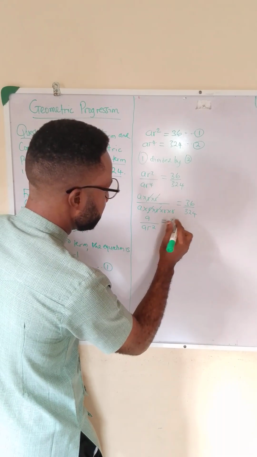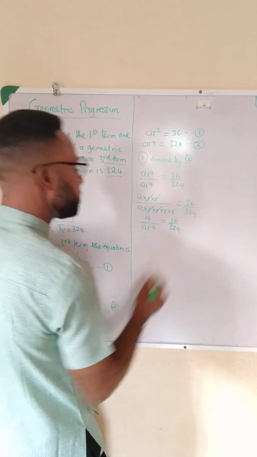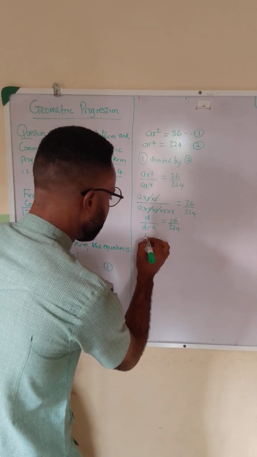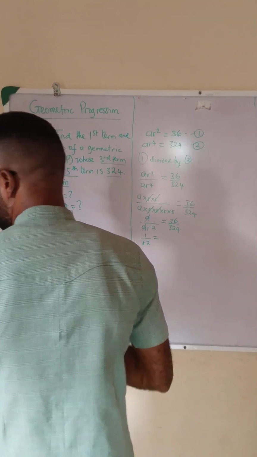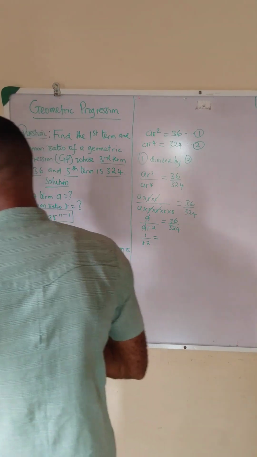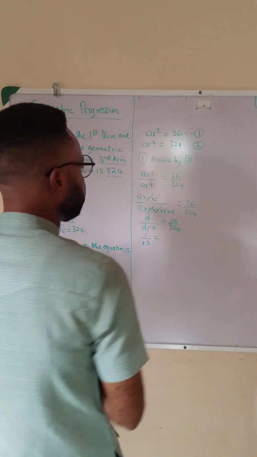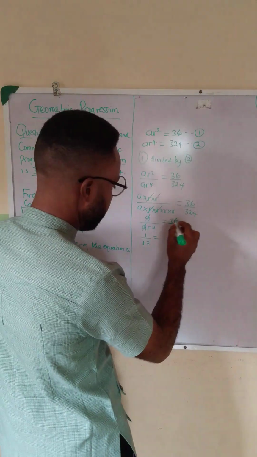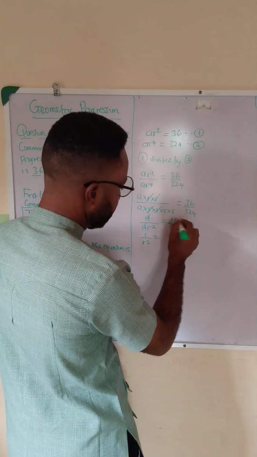Then we can cancel out A, and so we have 1 over R squared equal to 36 over 324. Let's simplify and see what we have at the end of the day.